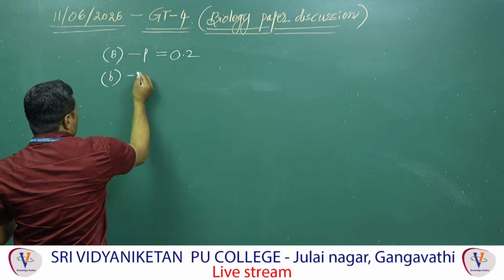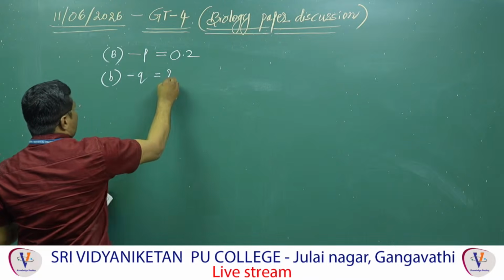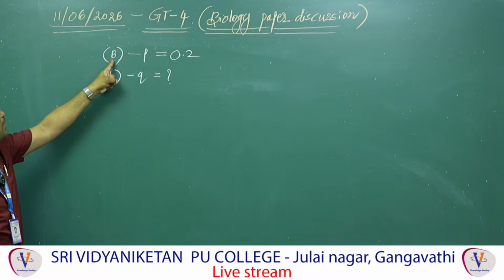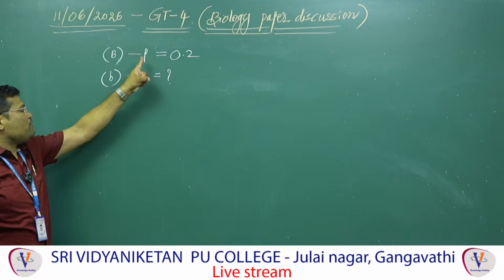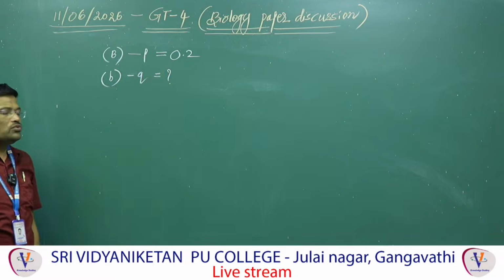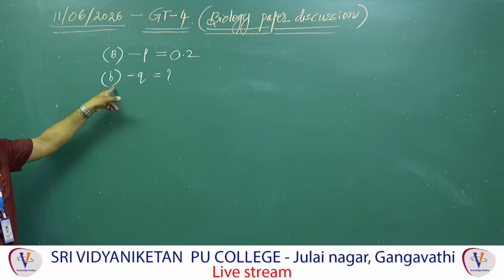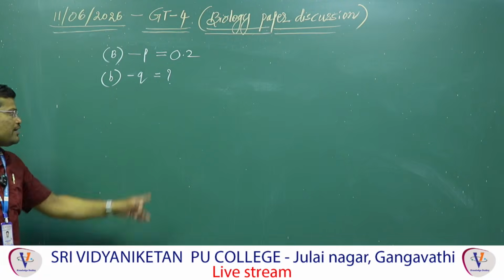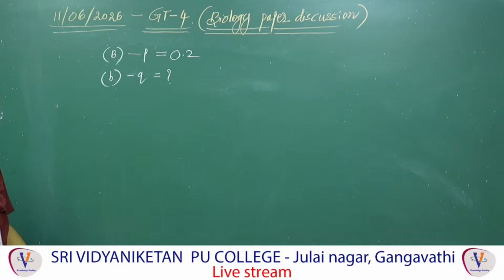We have to find out the Q value. Consider capital B as P and recessive small b as Q. They did not mention Q, so first we have to find out the value of Q.